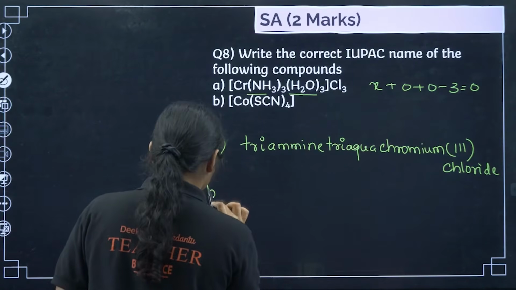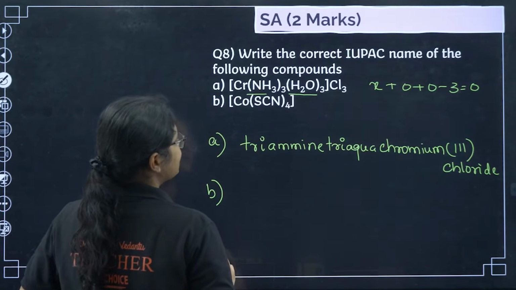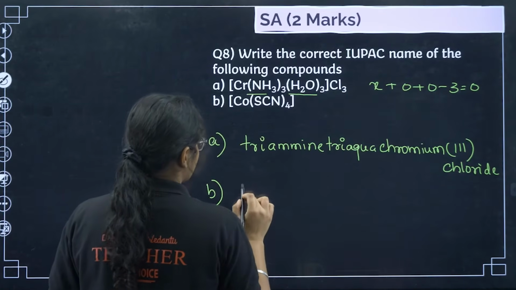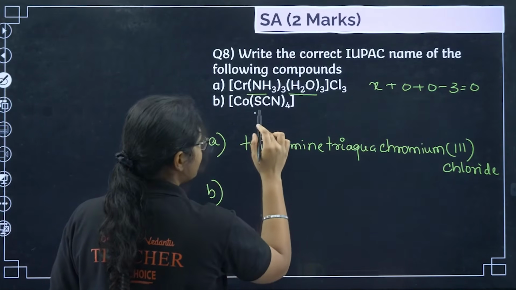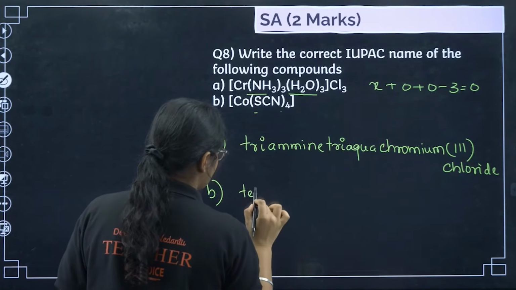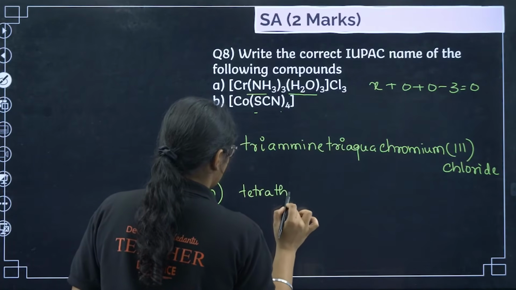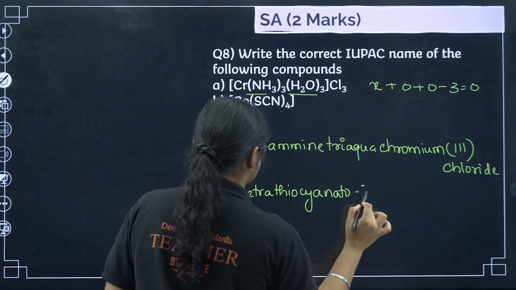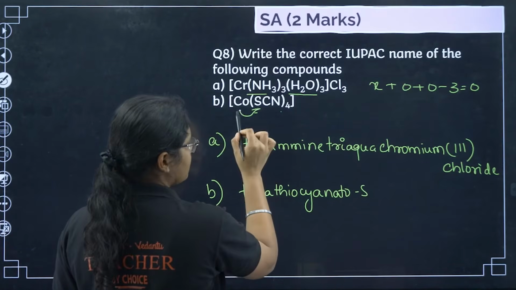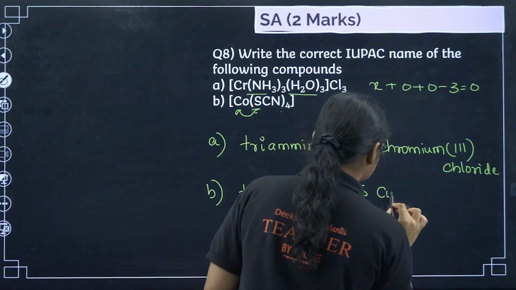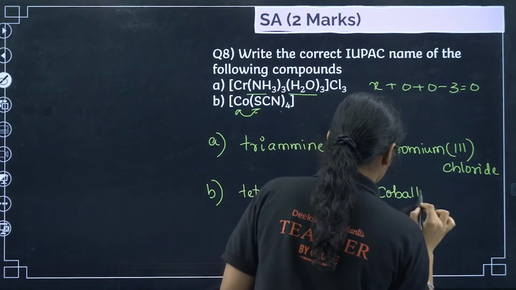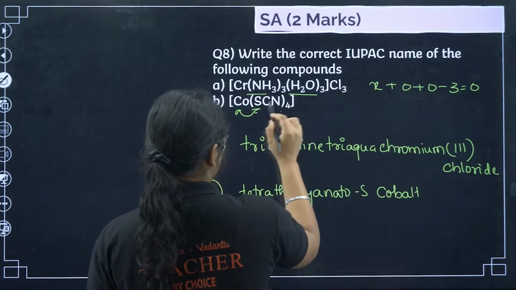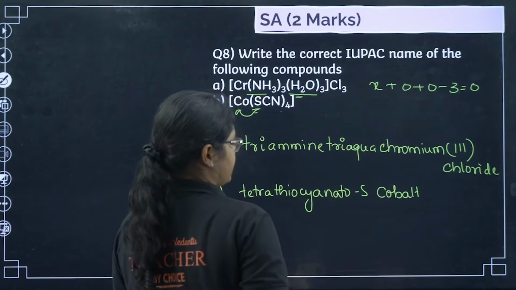Now coming to the second option, Co(SCN)4. Here you can write this as tetrathiocyanato-S, where S indicates that S is forming the bond. Cobalt is there. Okay, here I have missed one, there is a minus charge.